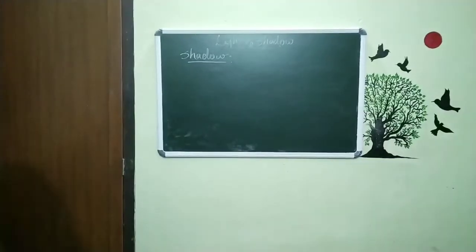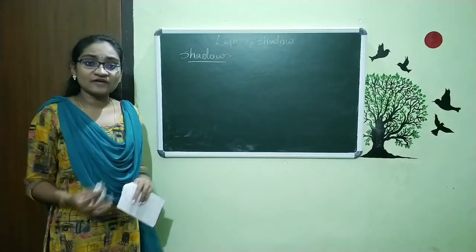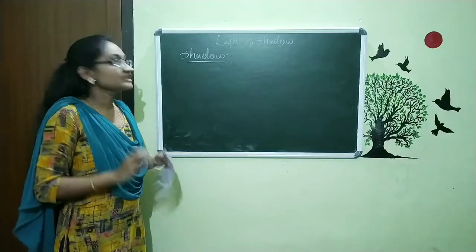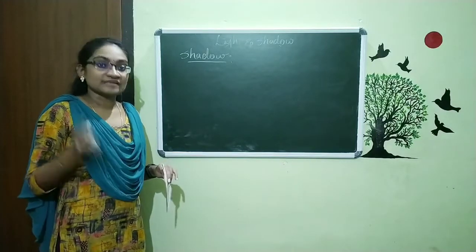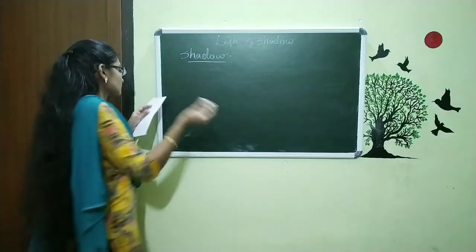Now we are moving to the definition for shadow. You know this is shadow. And how we can define this? When someone asks you what is shadow, what is your answer? That we are going to discuss.